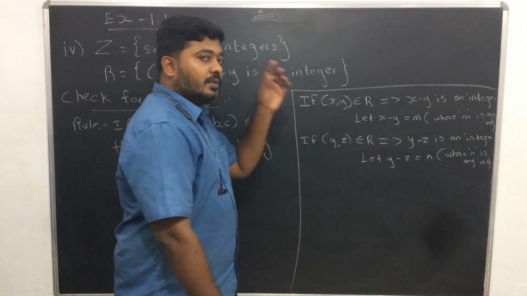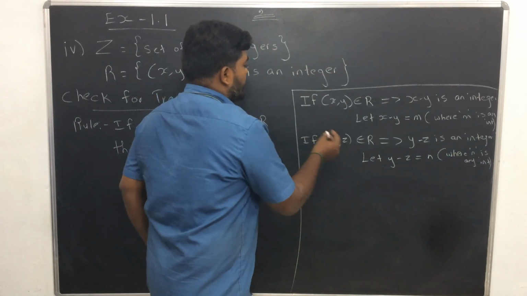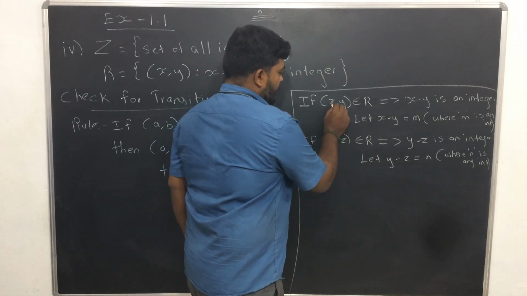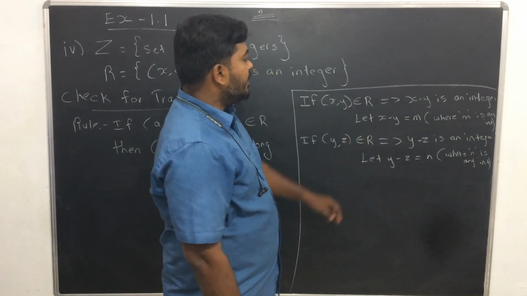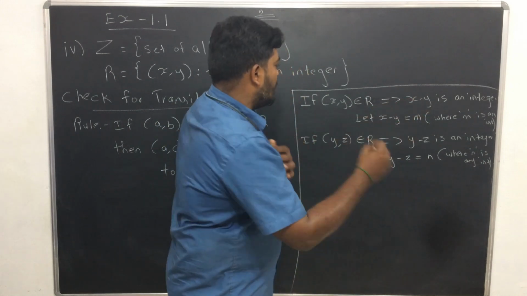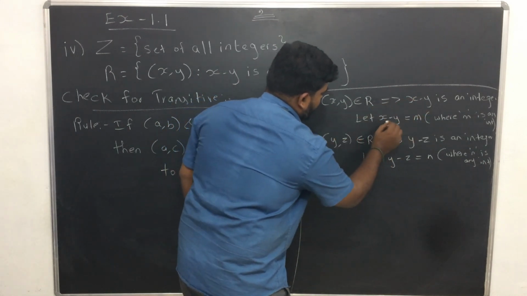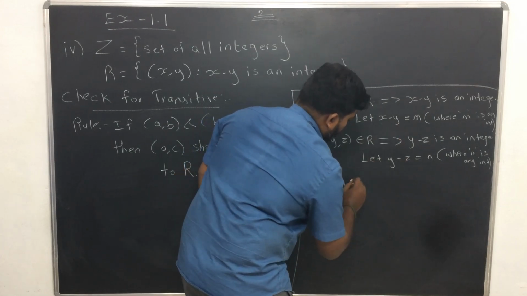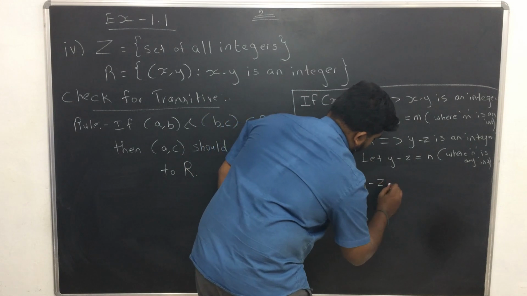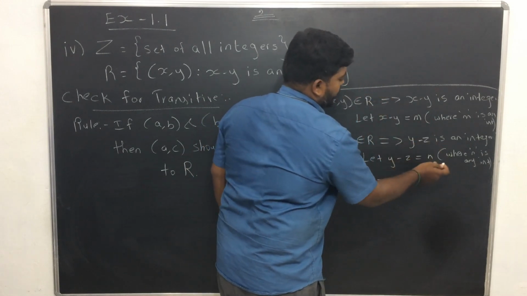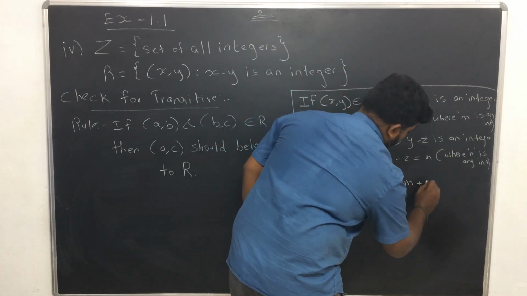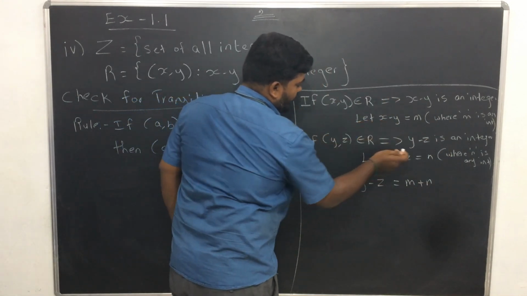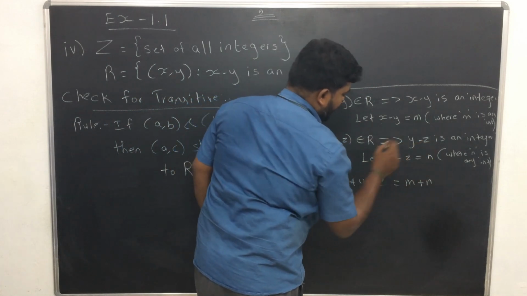Okay, now we have two equations. What we will do now is add these two equations. Why do we add? Now we have to find a relation between x and z. We need to cut off y from this. So, while we add, what do we get? x minus y plus y minus z equals m plus n.